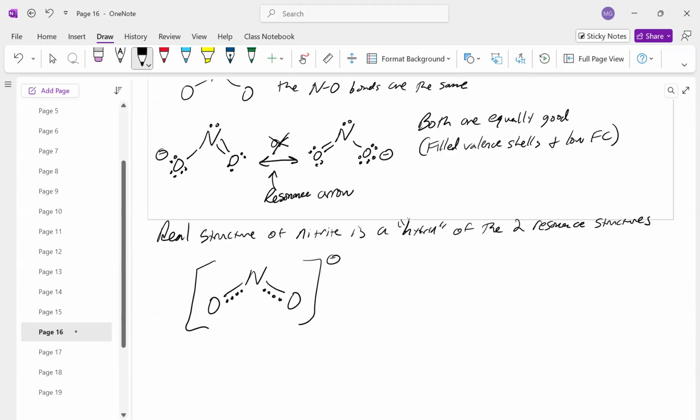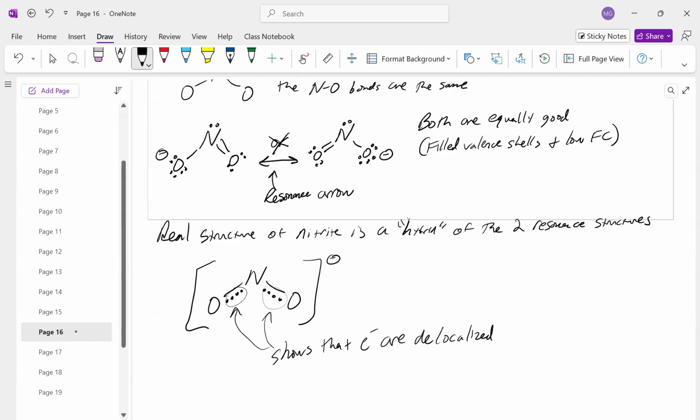But the purpose of this is to show that these electrons are what we call delocalized, meaning they're not localized. They're not stuck between two atoms. Sometimes the electrons are over here, sometimes they're over here. And that backs up the real world evidence that the nitrogen and oxygen bonds are equal to each other. They're not a single bond, they're not a double bond, it's somewhere in between.